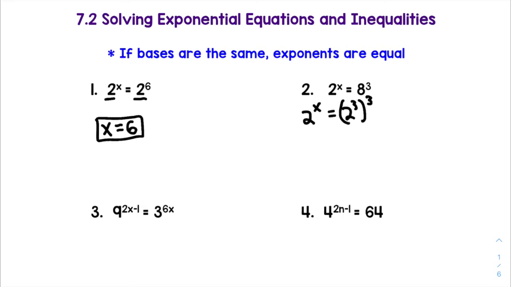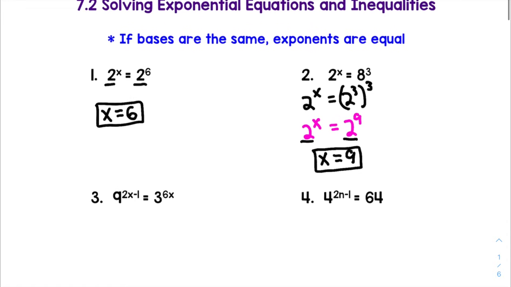When you're raising a power to a power, or an exponent raised to another exponent, we're going to multiply them. Therefore, this will simplify to 2 to the x power equals 2 to the 9th. Now that our bases are the same, both sides have a base of 2, our exponents are equal. Our solution to the equation is x equals 9.